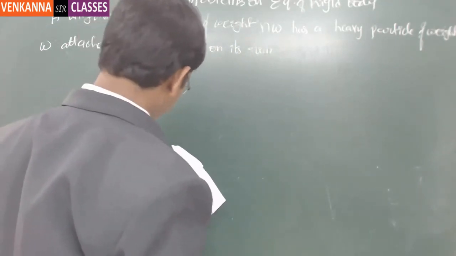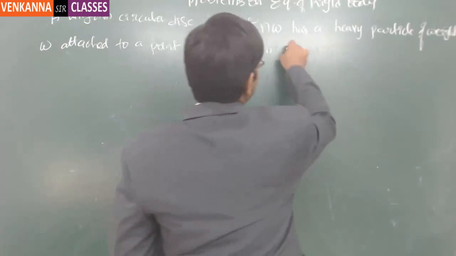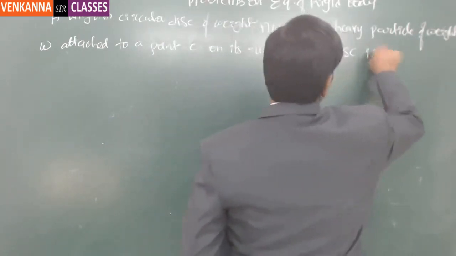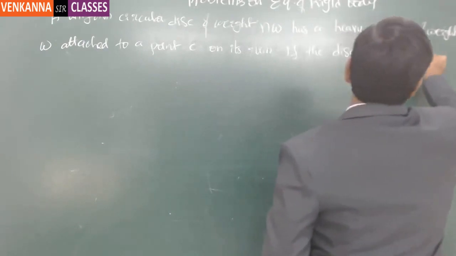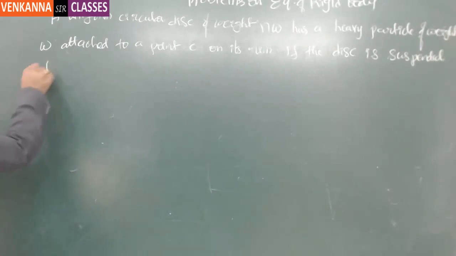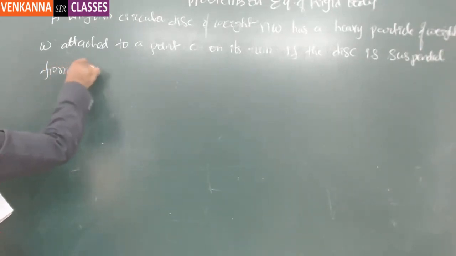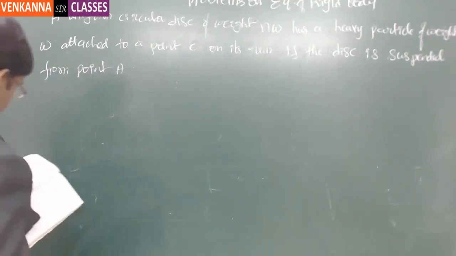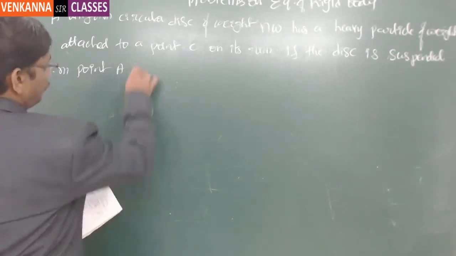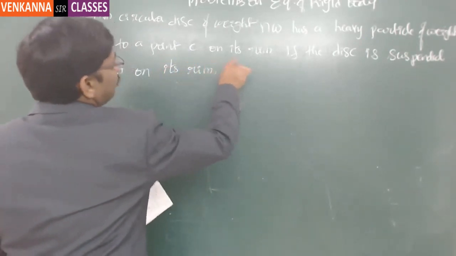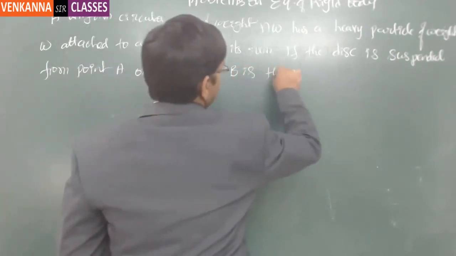If the disk is suspended from a point A on its rim, B is the lowest point.